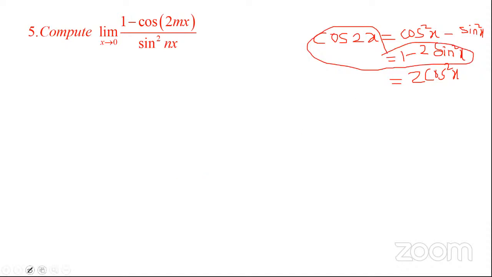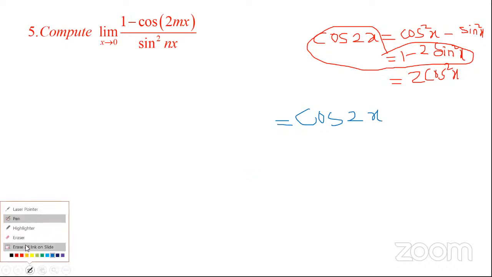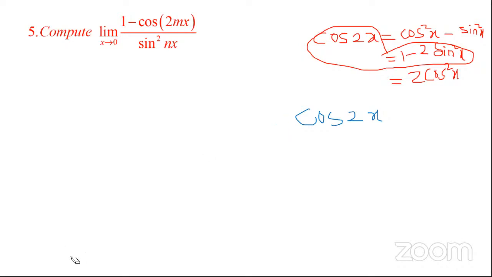That formula is nothing but, I'm taking cos 2x to the right side and 2 sin square x to the left side. Then 1 minus cos 2x equal to 2 sin square x.